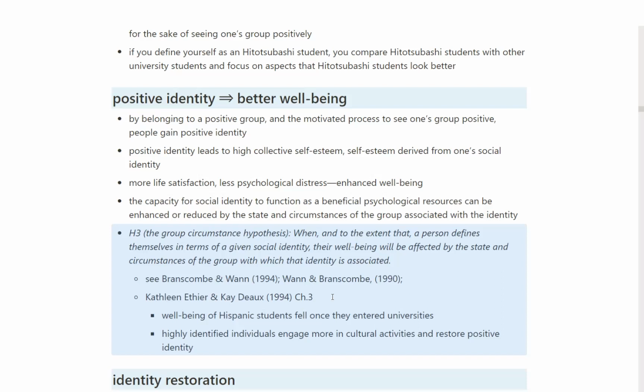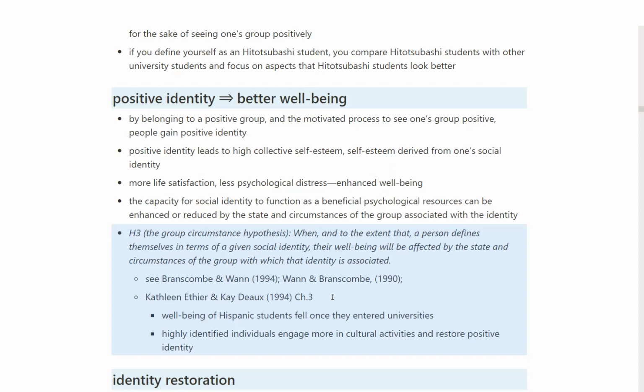The state and the circumstances refer to whether a Japanese player wins an international match or not. When the Japanese player wins a match, it is a positive state, and when he or she loses the match, it is a negative state. And then just the state does not determine whether you feel good about yourself or not.